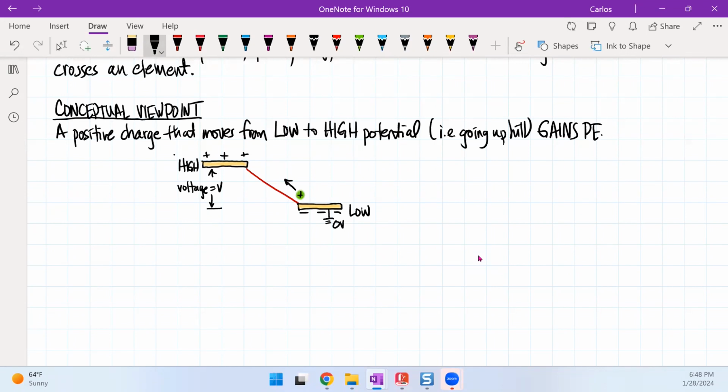How can a charge move away from a negative plate to a positive plate? It can't. So a charge all by itself cannot move up the potential incline.